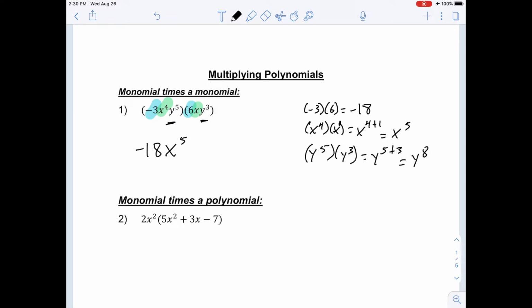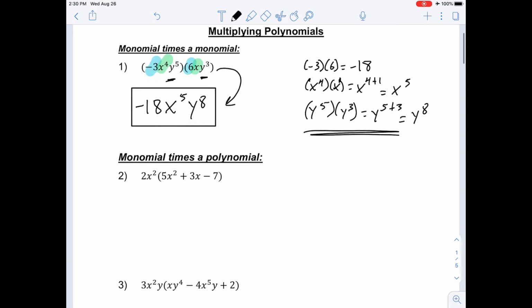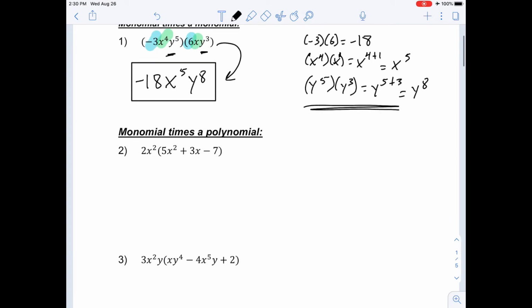So that would give us y to the 8th. So this right here is the answer for number one. Now I know a lot of students are just going to go from here to the answer and not necessarily show all this work. I was just putting it out there for you so you can see where that's coming from.